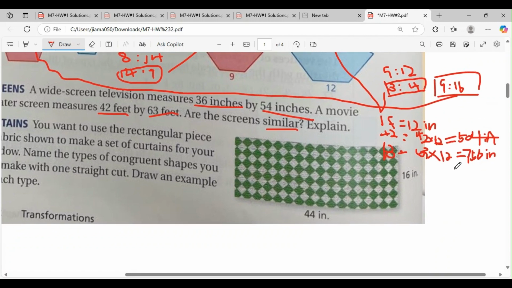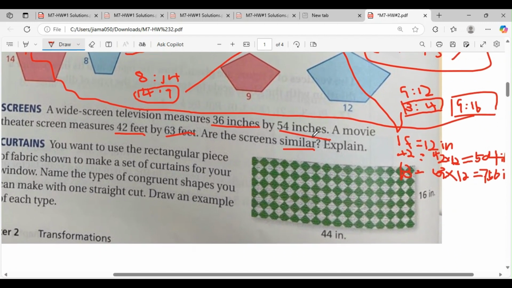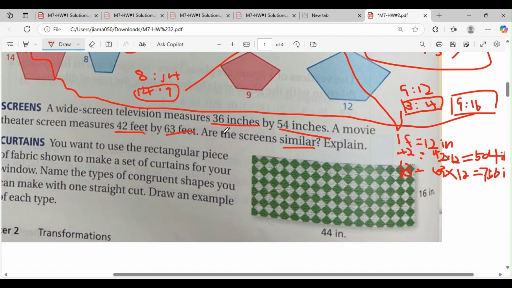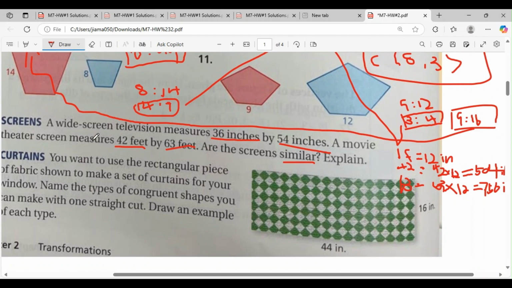So let's see. Next step, we should find the ratios of their height and length.